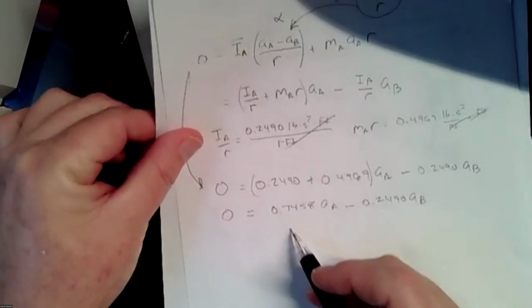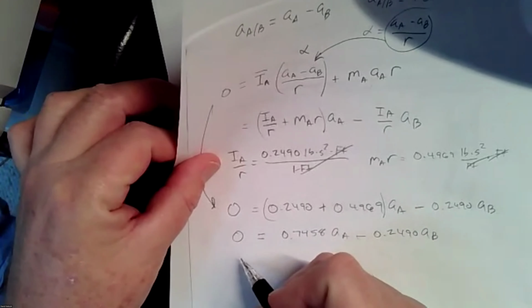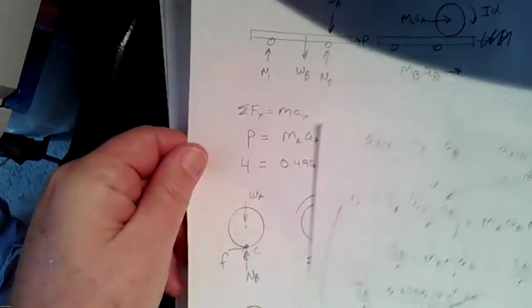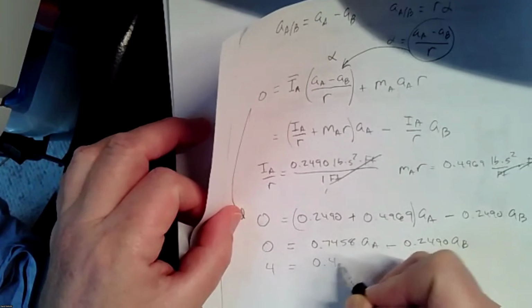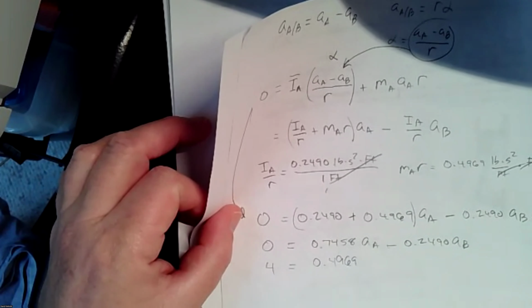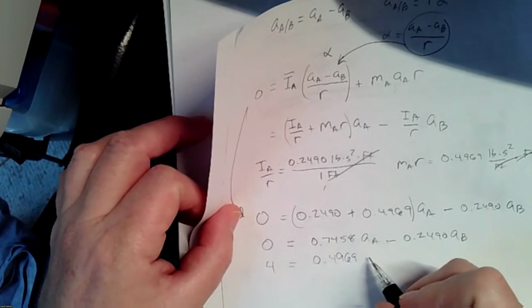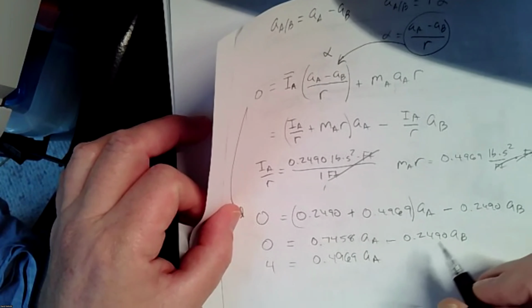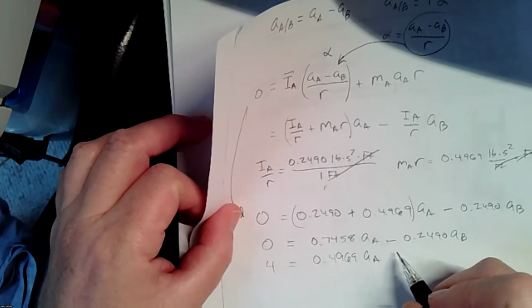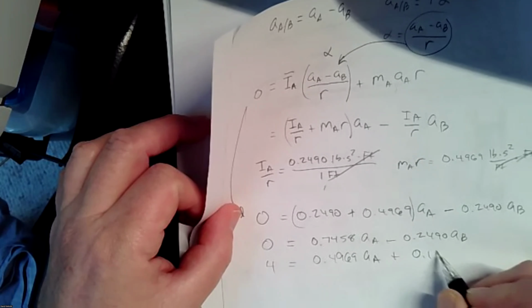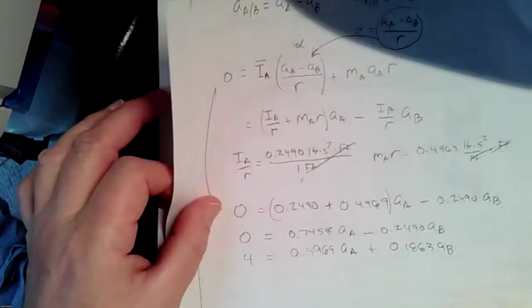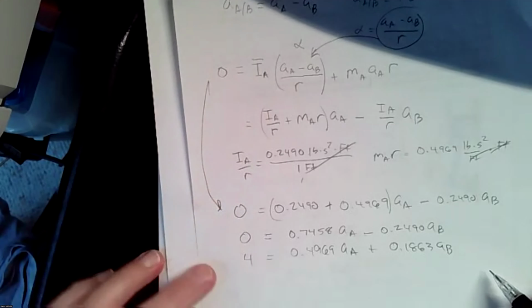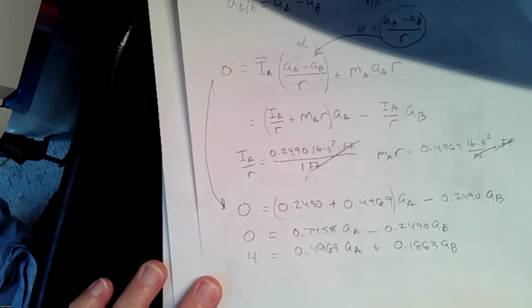So now I can bring in the equation I showed you a second ago, and that equals 0.4969 acceleration A plus 0.1863 acceleration B. So now I have these two equations, two unknowns. I solve them and I'm done.